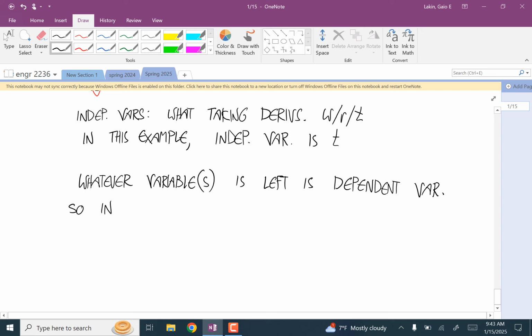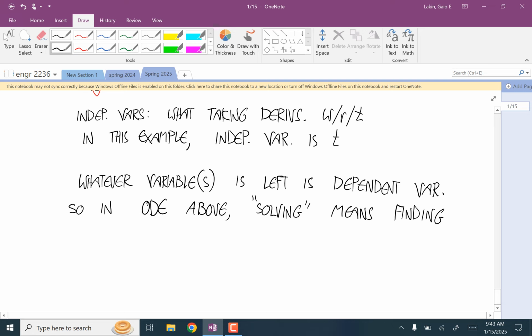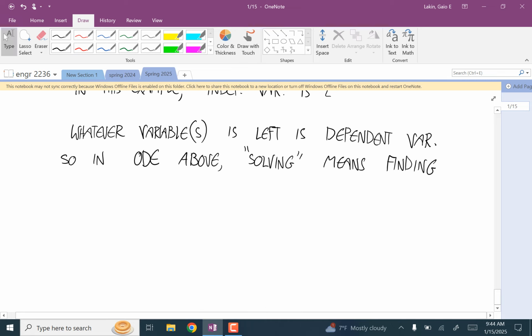So in the ordinary differential equation above, solving it means finding y as a function of time. You know, it could be 40 cosine t or something.